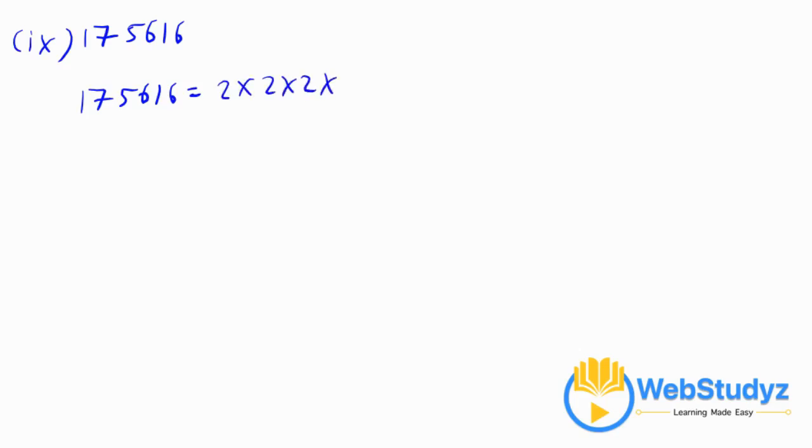Now move on to the ninth one, which is 175616. So the factors of 175616 are 9 times 2 and 3 times 7.